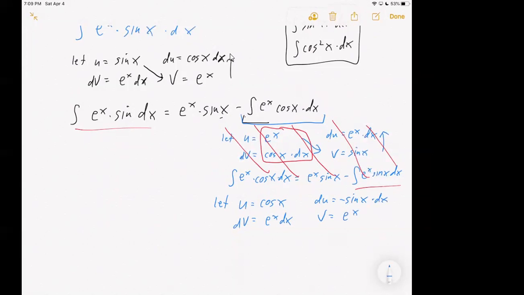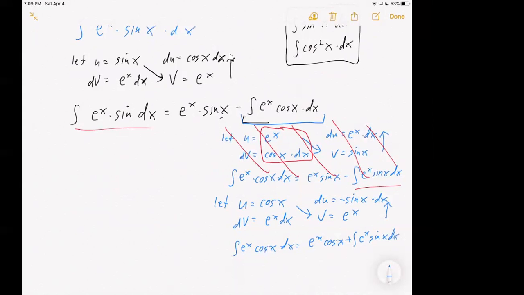And so now I can do my crisscross. And this will equal, so the integral of e to the x cosine x dx will equal e to the x cosine x minus the cross, which becomes plus e to the x, minus the integral of that, plus e to the x sine x dx.